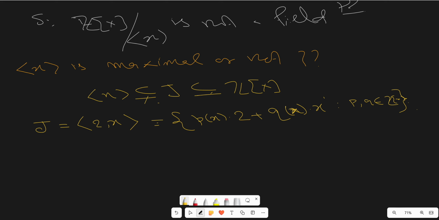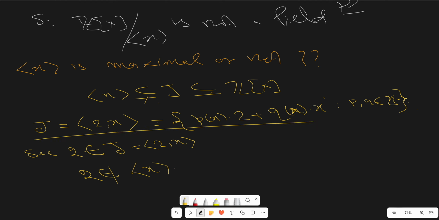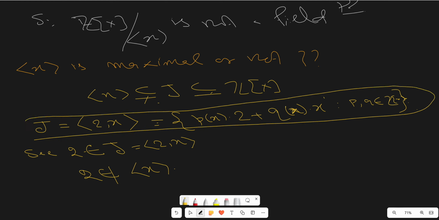See, 2 is inside J, which is the ideal generated by 2 comma x. But can 2 be in the ideal generated by x? 2 is not in the ideal generated by x. So this is an ideal, you verify that this is an ideal.